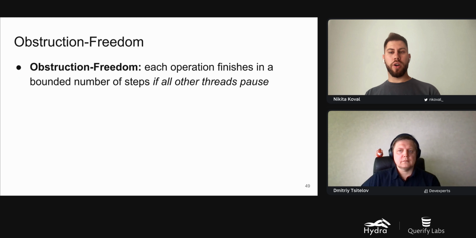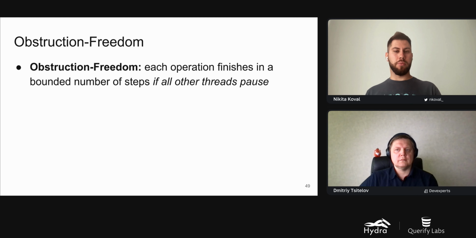So if there is no interaction with other threads. In this case, if we pause enq forever, for example, then deq finishes in a bounded number of steps, right? Because there is no such infinite interaction between enq and deq.